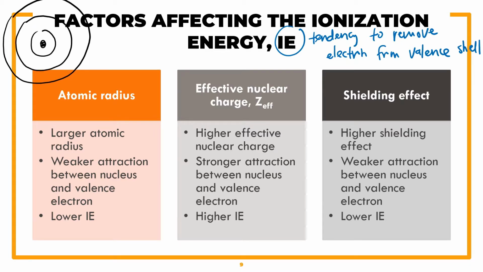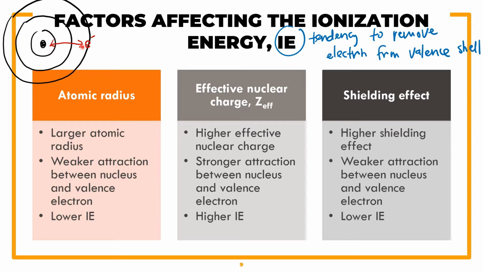So untuk larger atomic radius, untuk atom yang bersaiz besar, we can see that the distance between this nucleus and its valence electron at the outer shell here is higher. Okay, jauh antara satu sama lain. So bila jauh antara satu sama lain, we can say that the attraction between them will be weaker.